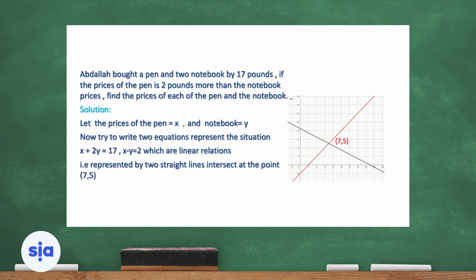So this means that X equals 7, where Y equals 5. And we know that X is representing the pen price, and the 5, which is Y, is representing the notebook price. So here, the price of the pen is £7, where the price of the notebook is £5.